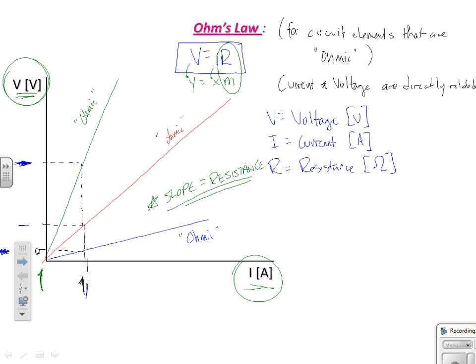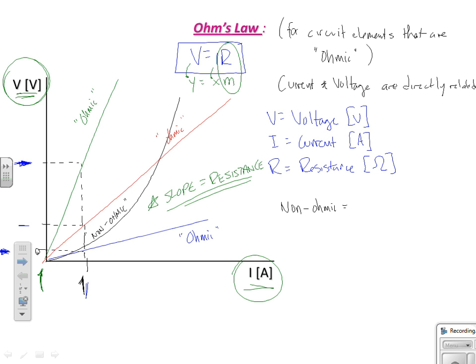Sneaky people. Okay? Now you saw, I hope, in the lab you did, there was something like this. And this is what we call a non-ohmic device. Your light bulb was non-ohmic.